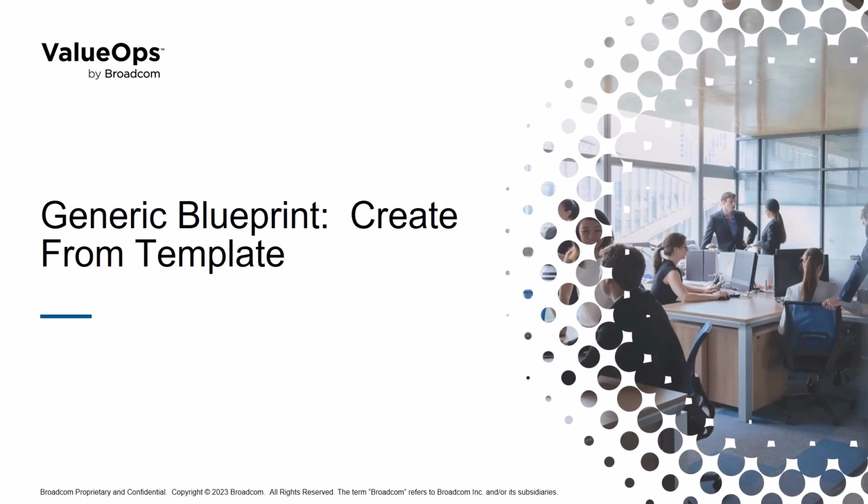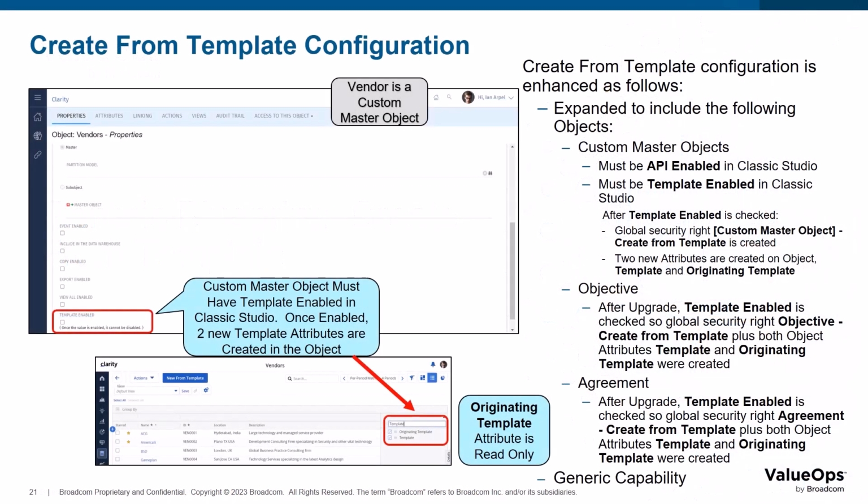Next, we'll take a look at how we expanded the create from template capability in the blueprint for some other objects. In order for an object to have the create from template capability, it needs to have two things. First, it has to be API enabled so that it would even be accessible in Modern.